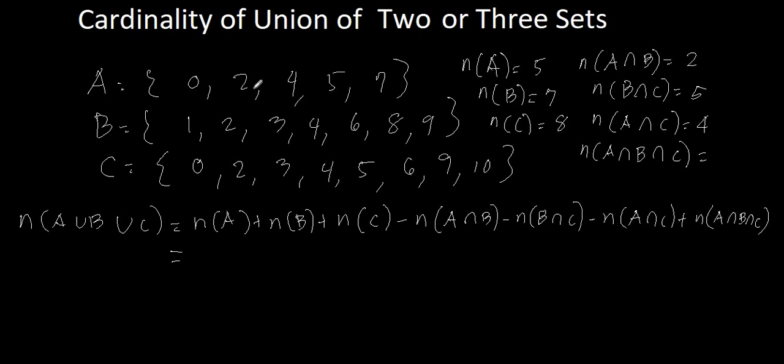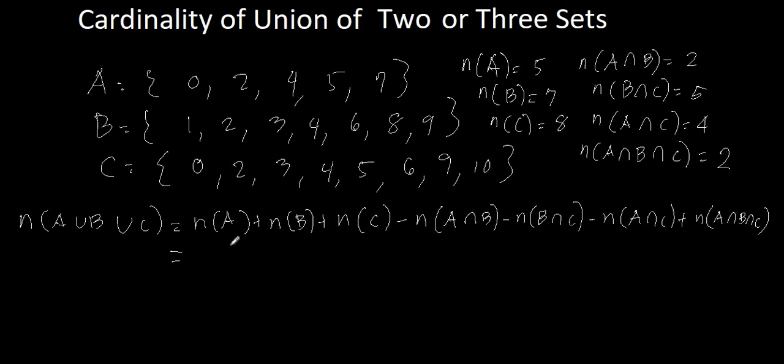Let's see if there are common elements of the three sets. The element 2 is common to the three sets, so 1. And element 4 also, 2. Okay. There are only 2 common elements for the intersection of the three sets. So cardinality, therefore, of the intersection of the three sets is 2.